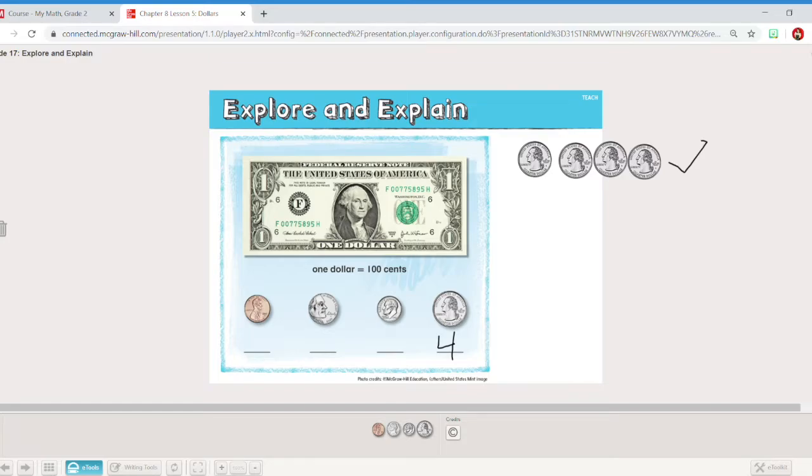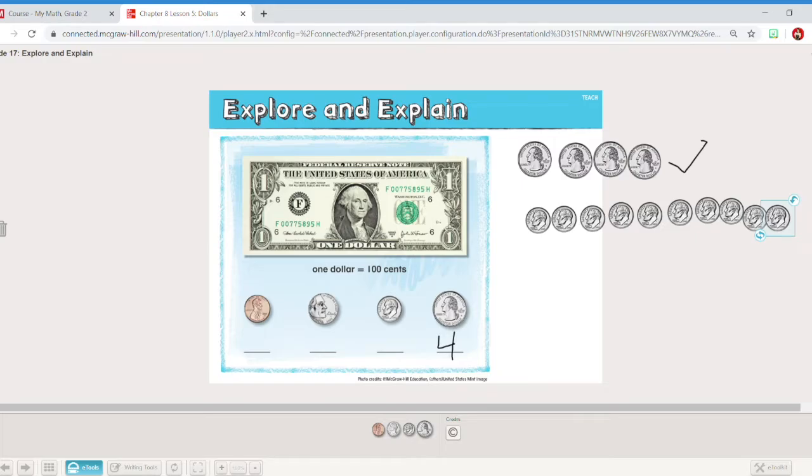Let's go to dimes. If we're counting by tens, I'm probably going to need 10 dimes. That's my prediction. 10, 20, 30, 40, 50, 60, 70, 80, 90, 100. See, I was counting by the value, so now we can count to see how many dimes total there are.